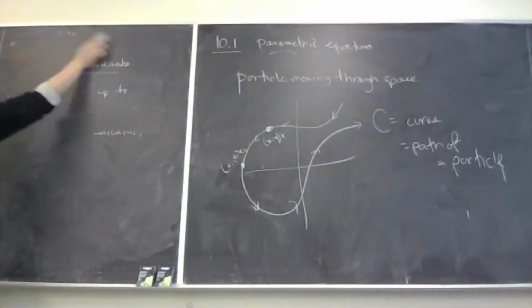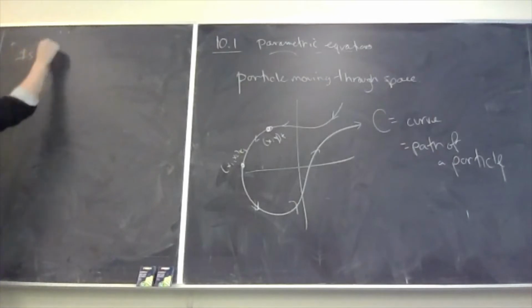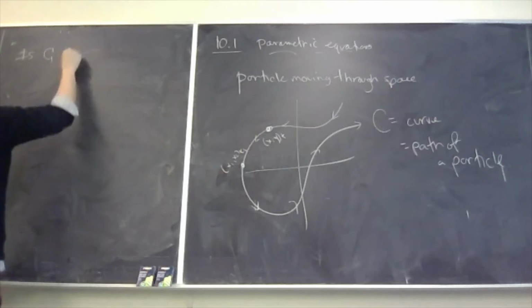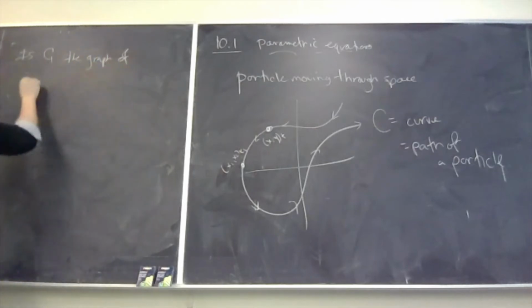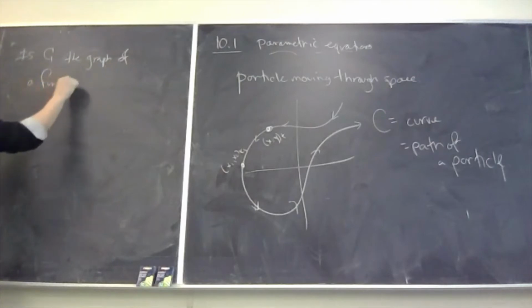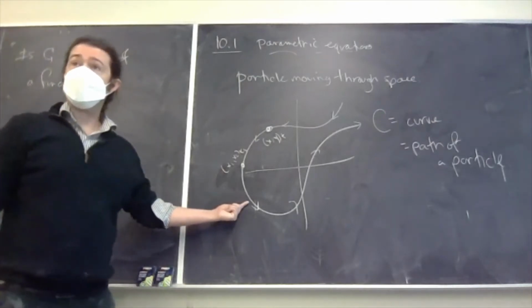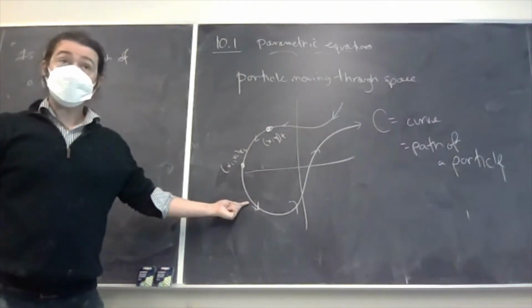Problem is, is C a function, or the graph of a function? That curve I wrote right there, if I want to do calculus on this, I'd really like this to be of the form y equals f of x, or x equals f of y. Is it?